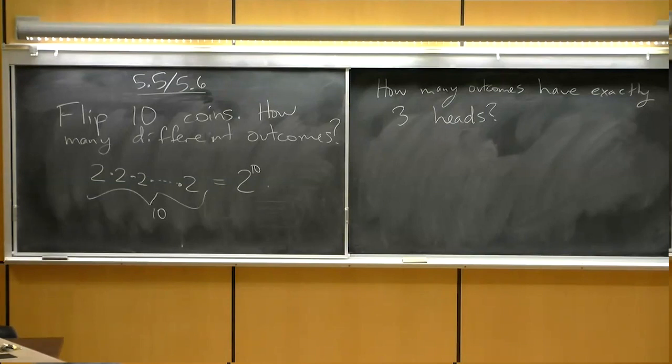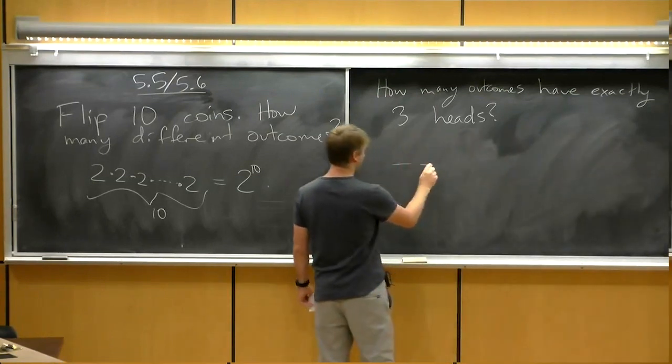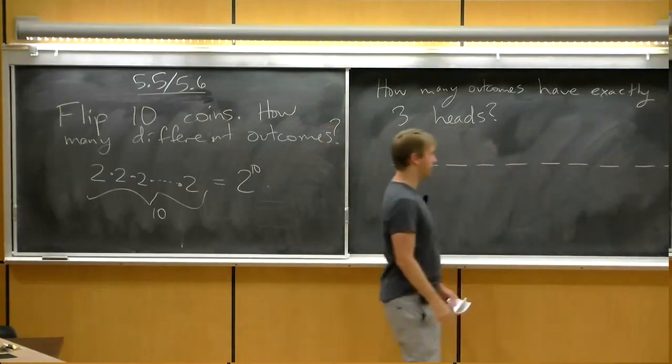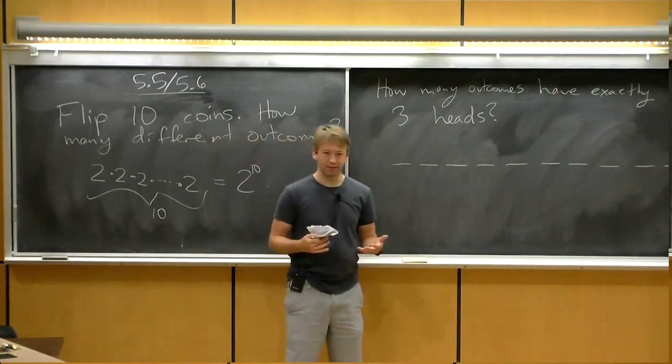Well, it could be the first 3 are heads, but it could be the last 3 are heads, or it could be lots of different possibilities there. Well, oh yeah? Okay. Well, so I'm thinking of all these coins as being different somehow, right?